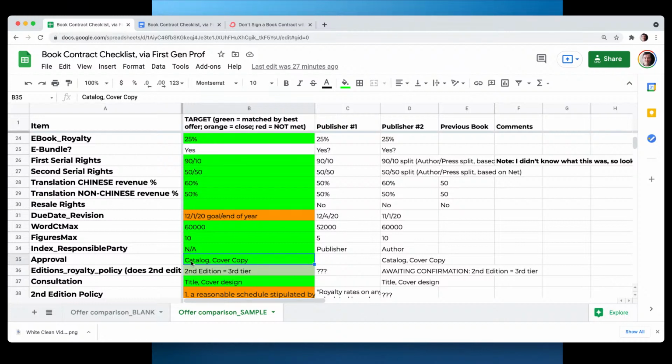If you are willing to say, okay, the cover I want consultation on, I want to be happy with it, but ultimately it's your decision, it is reasonable to insist that I want final approval of the copy on the back cover, because you do not want that horrifying, just mortifying situation where the finished book goes to the bookstore and comes to you in the mail and you find typos on the back cover. It happens all the time.